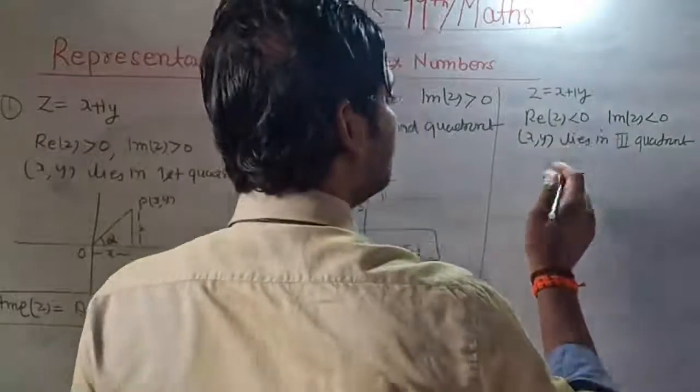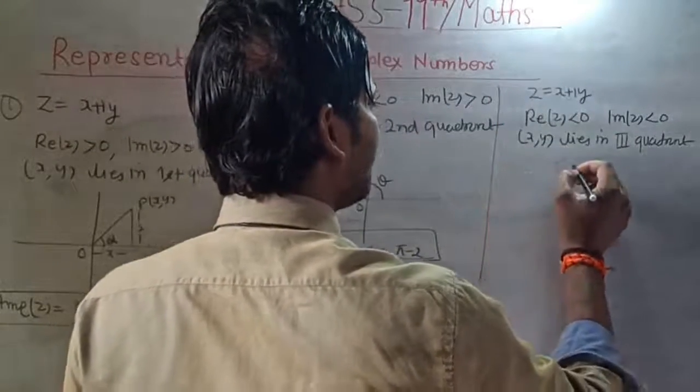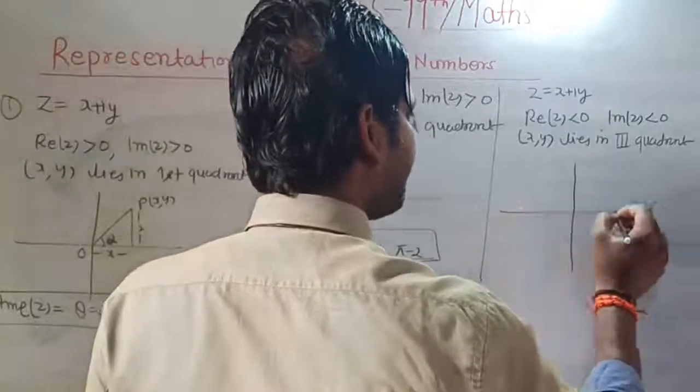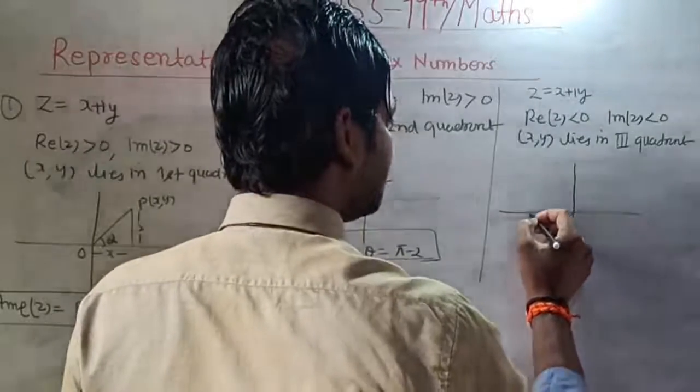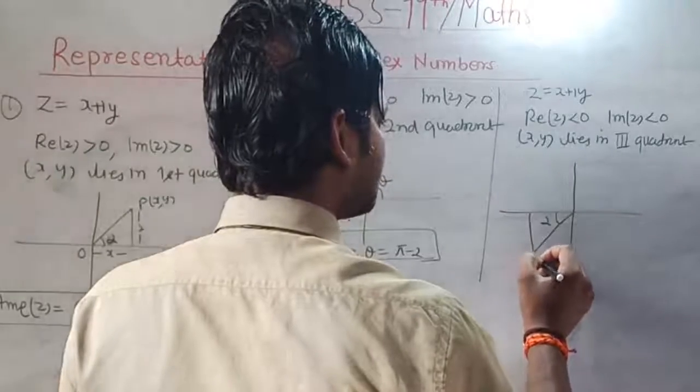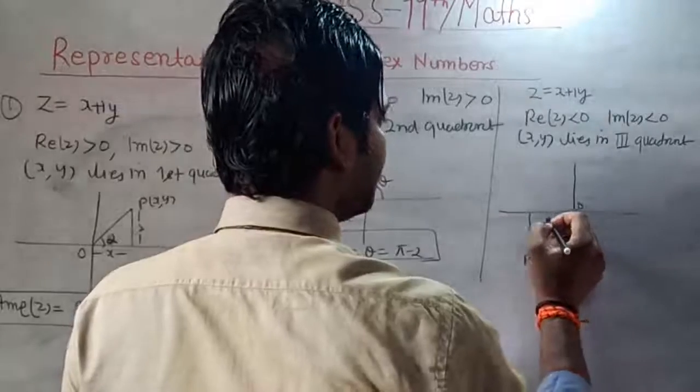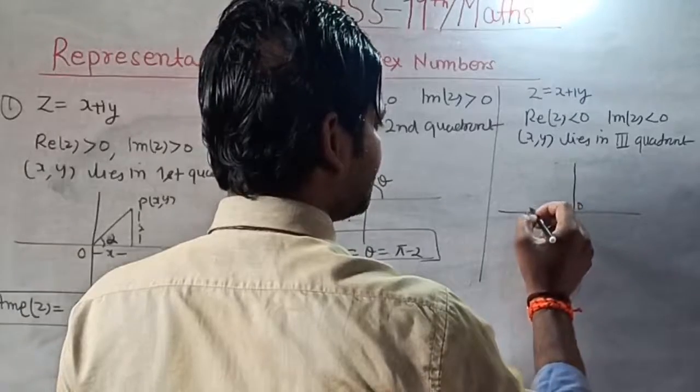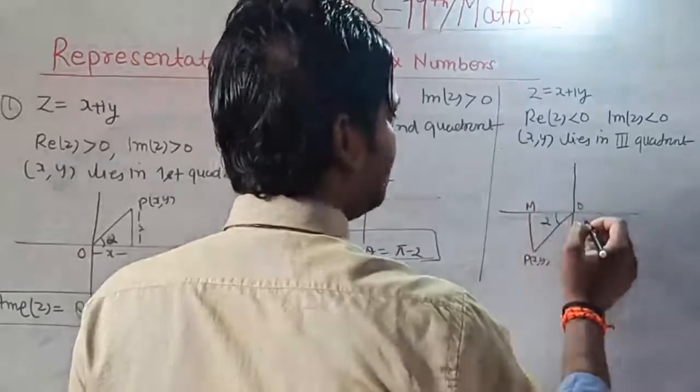The line OP makes an angle alpha with the positive direction of the x-axis.